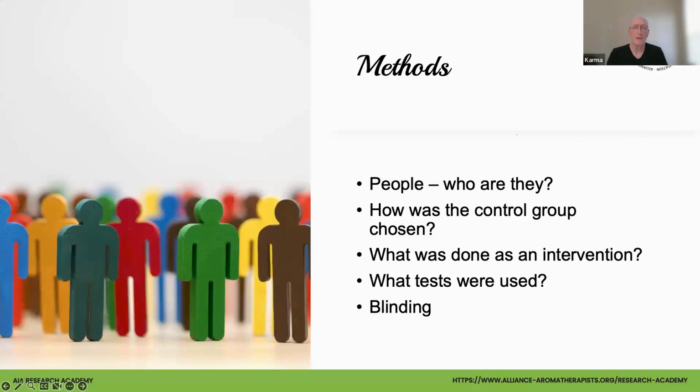Methods. If you're working with people, you have to tell who the people are. Audiences for presentations are often skeptical, and if you don't tell who the people are or how the control group was chosen, they'll say, well, it could have been all the people who were destined to not have anxiety because they'd had previous major surgery.